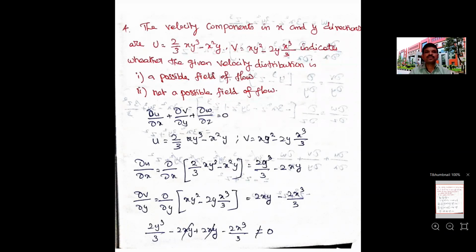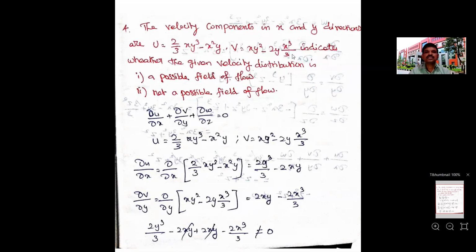So first problem. I read the question. Please follow. The velocity components in x and y directions are u is equal to 2/3 xy cube minus x square y, comma, v is equal to xy square minus 2yx cube divided by 3.